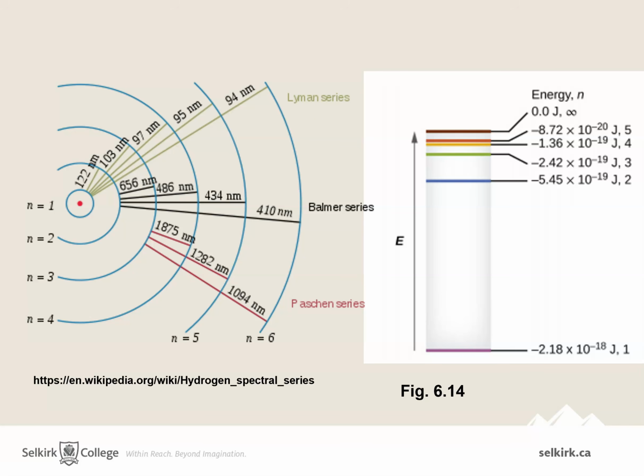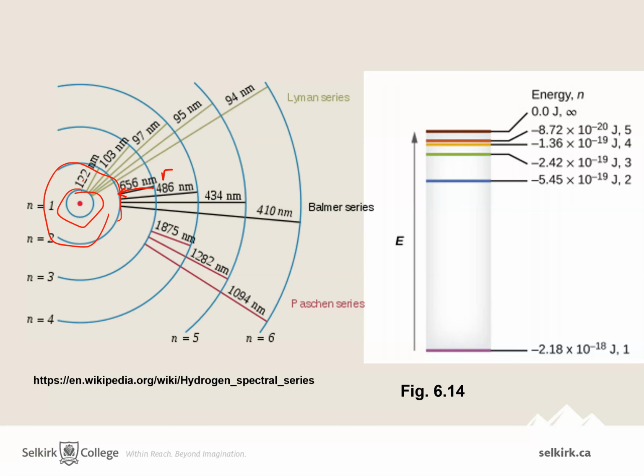So here's a picture of the Bohr model of the hydrogen atom. First energy level here, second here, and so on and so on. And we calculated that when we went from the third energy level to the second energy level, that was 656 nanometers, and that was red.